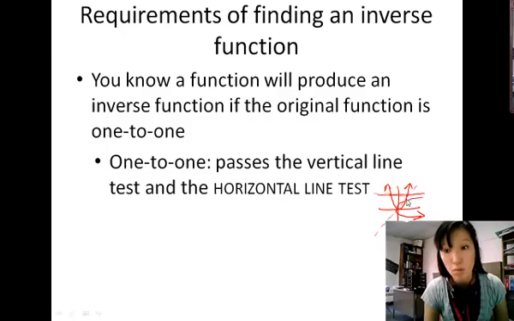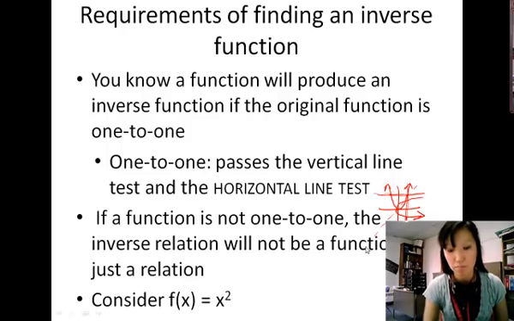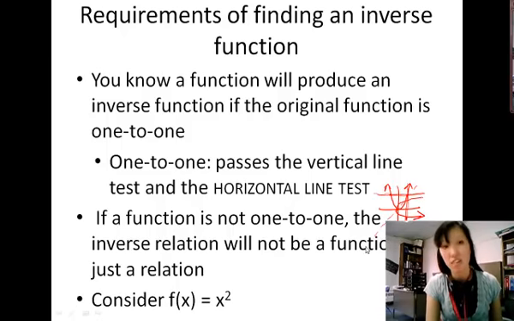So remember, these guys can cheat, but when you flip it over, the cheating is not okay now because that inverse is no longer a function. Alright, if a function is not 1 to 1, we do call it an inverse relation, just not a function.